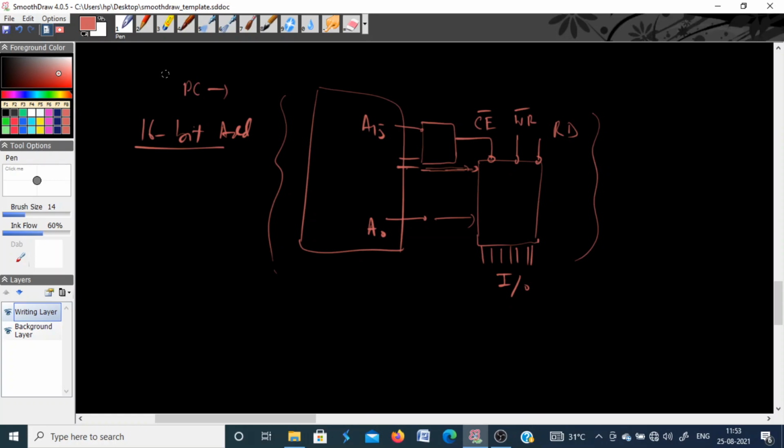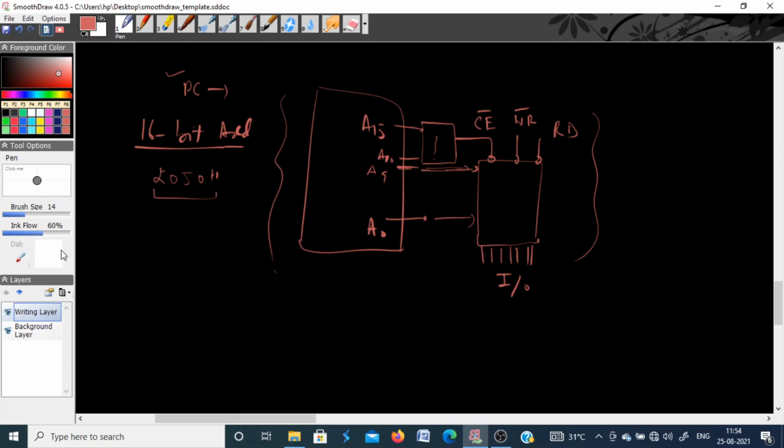The program counter is loaded with some address. Suppose you are using only 10 lines: if you have 1 kilobyte, you are using A0 to A9 only, and A10 to A15 are used in the external logic circuit. If your program counter is loaded with some address, suppose that address is 2050H.